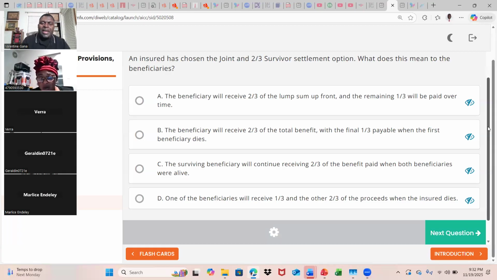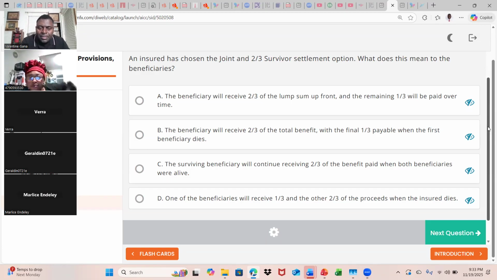All right. So remember, in the question, the key phrase that is going to answer this question is when they say 2/3 survivor settlement option, which means the surviving party or the surviving spouse will receive 2/3 of what they were paying when both of them are alive.